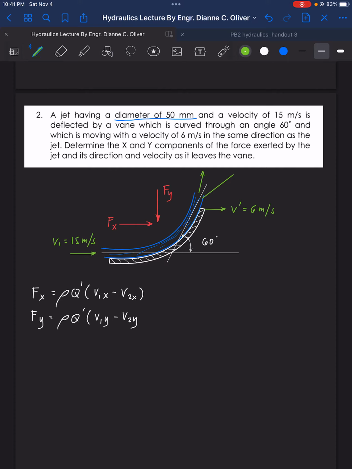So this is our U, this is our V sub 2. So our U is equal to initial velocity minus the V prime. So U is equal to 15 (V1) minus V prime 6. U is equal to 9 meters per second.